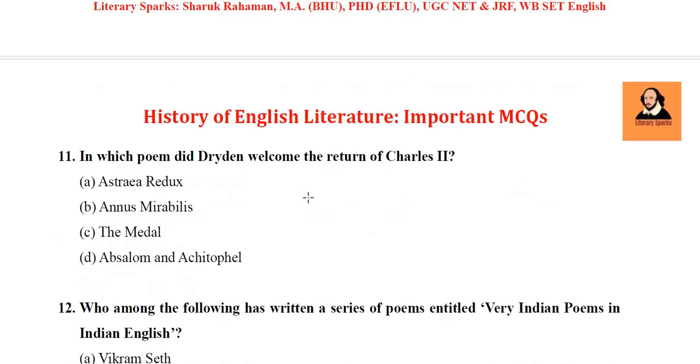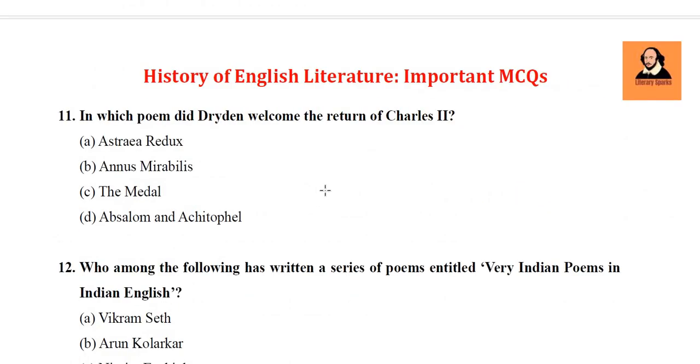Next question we have: in which poem did Dryden welcome the return of Charles II? So, return of Charles II, you are reminded of the Restoration period, that during the Puritan age, the Commonwealth period, Charles I was beheaded and there was Commonwealth, the rule of the people in Britain.